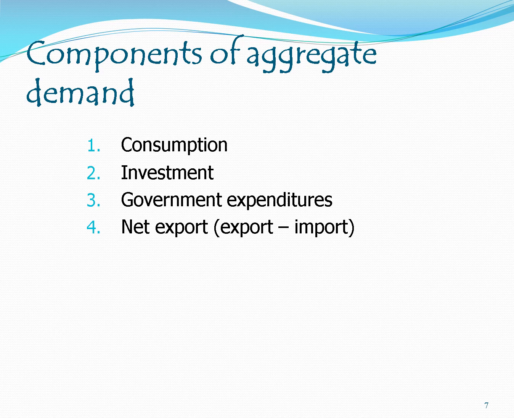In the components of aggregate demand, we can say that Y is equal to C plus I plus G plus X minus M. C is consumption, and then investment, and then government expenditure, and we have net export. As you know, net export is export minus import.